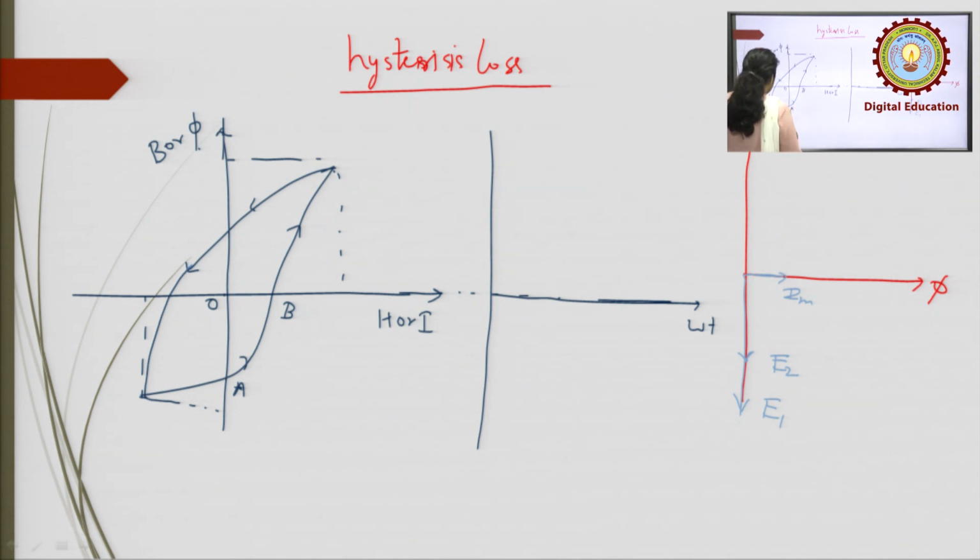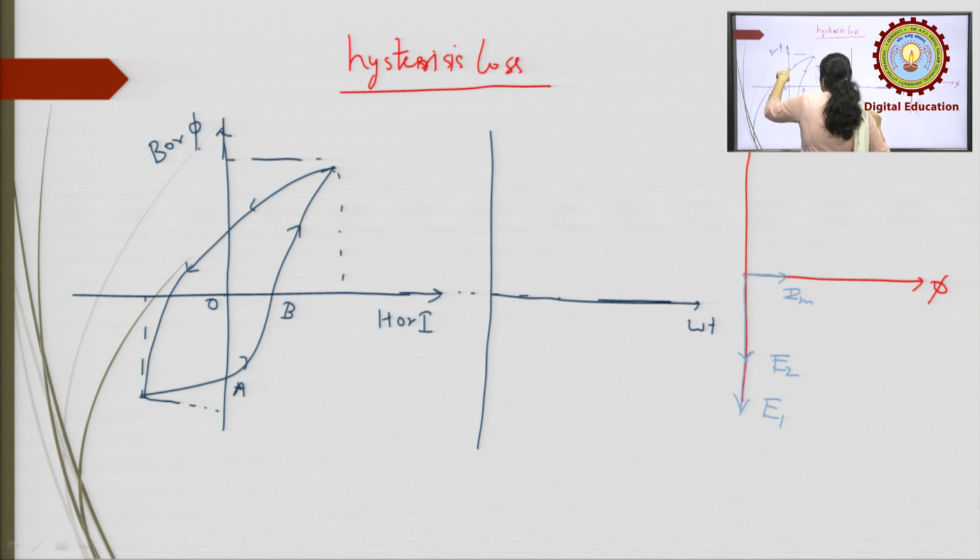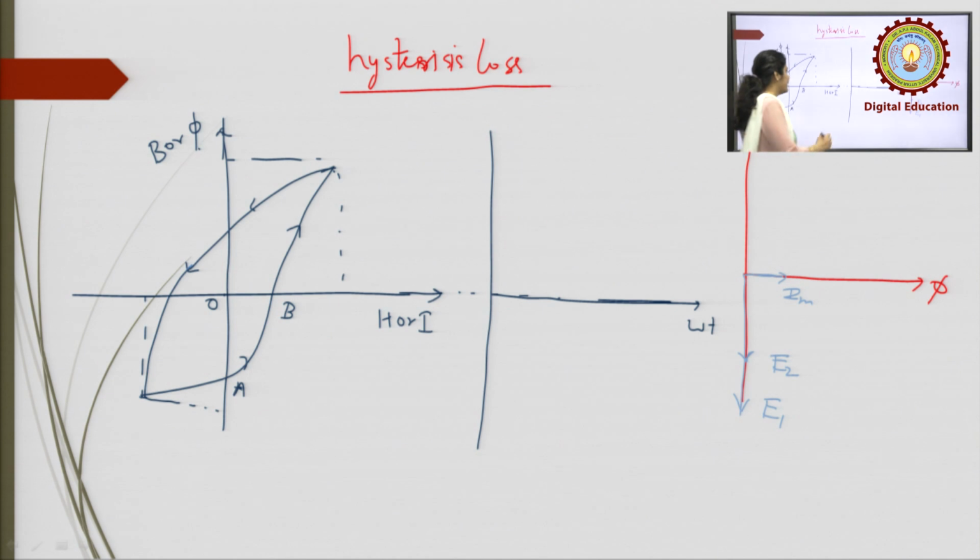So corresponding to this point A, you see that H, or the current, is 0, but the flux has a negative value.